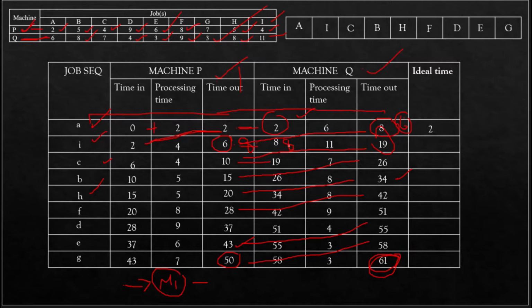So here again you can cross check: 8, 19, 19, 26, 26, 34. Here like this, 34 and 34.